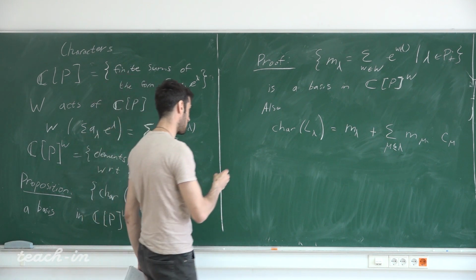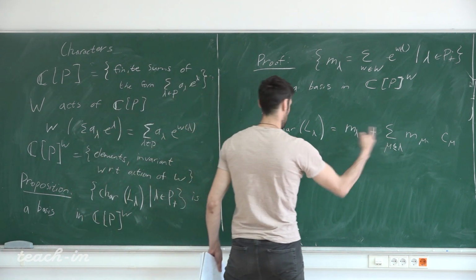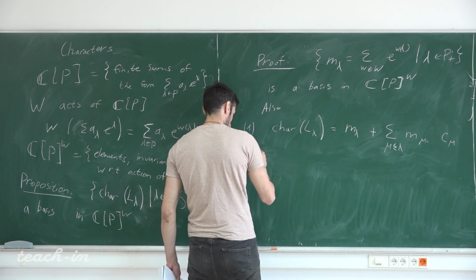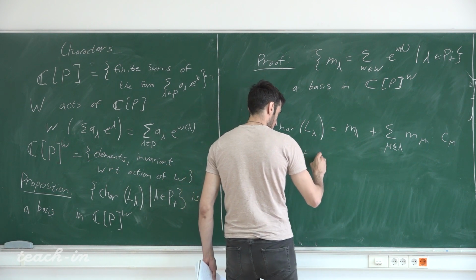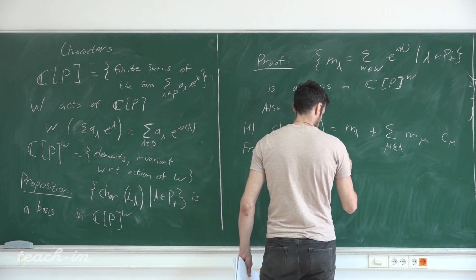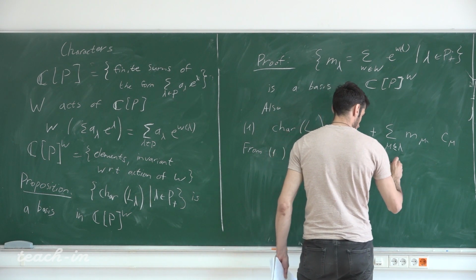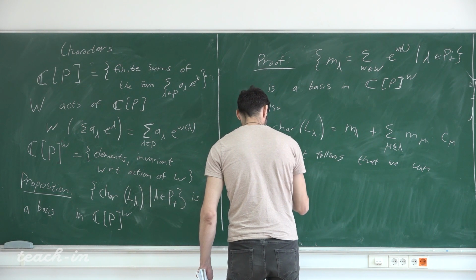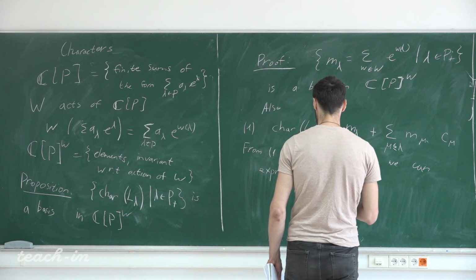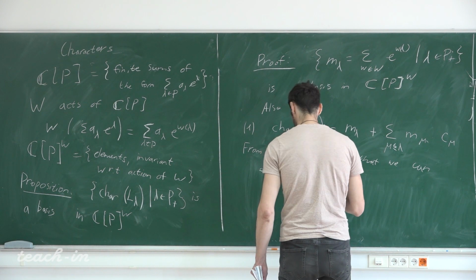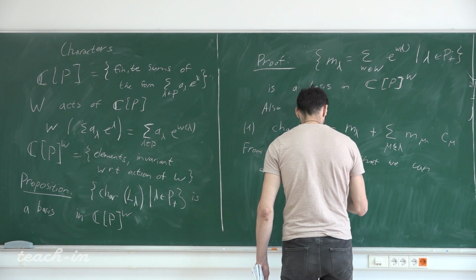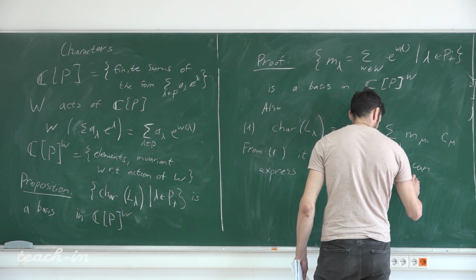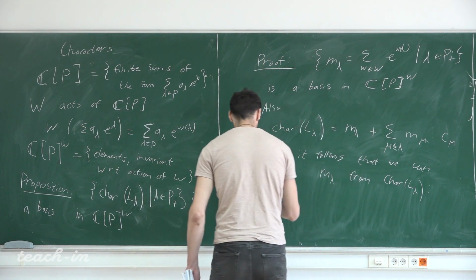But then, what I'm trying to say is that from 1 it follows that we can express m lambda from characters of L lambda as follows.